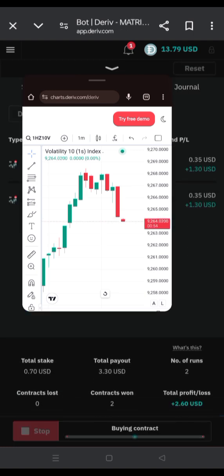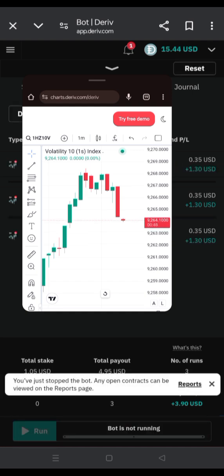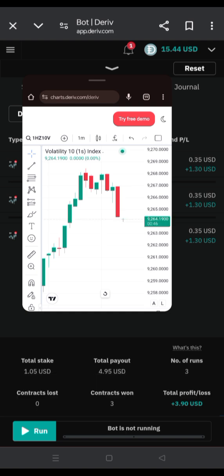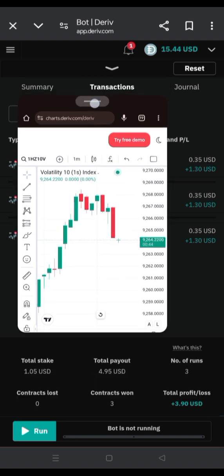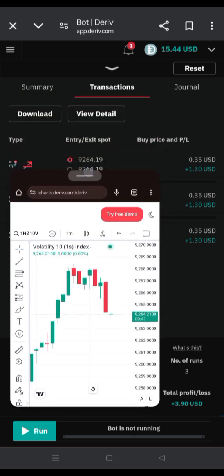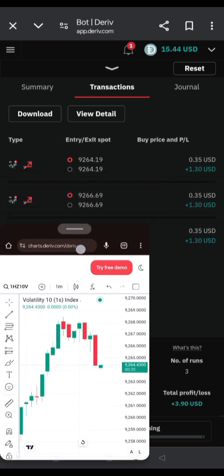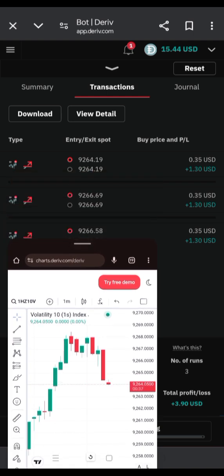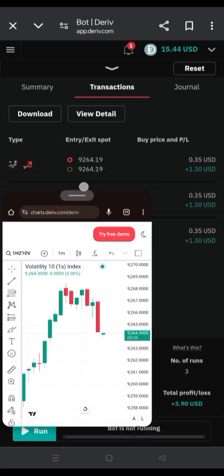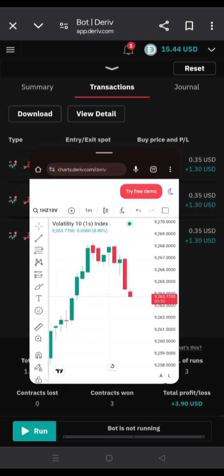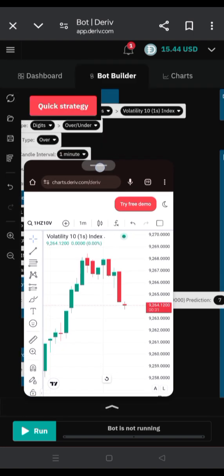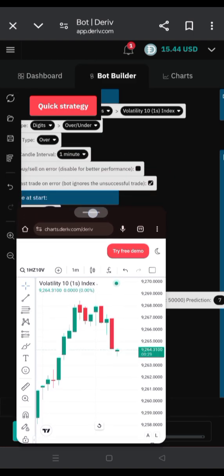So it should be very fast, and let's see whether we will scoop that as a trade, and perfect one. That's a win. That's how we trade digit over 7. With 3 runs you should have already exited. Digit 9 produced. That's how I have grasped the concept of trading over digit 7, which is very, very risky.